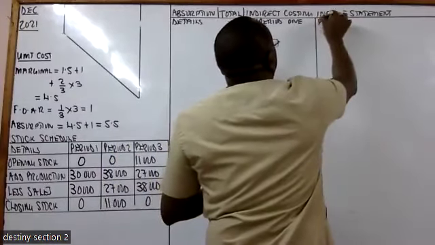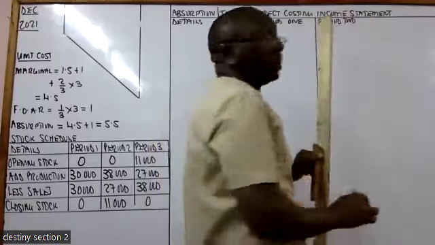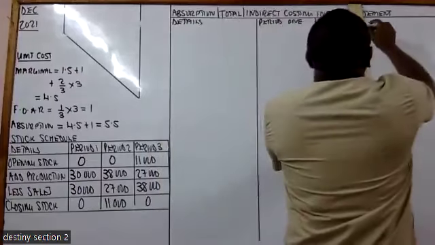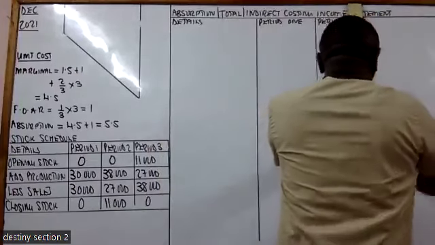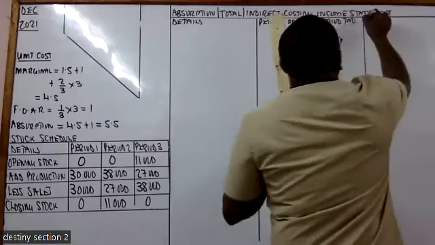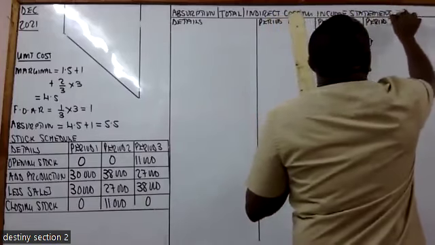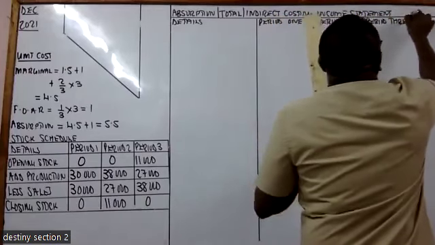We have another one called period 2. We have another one called period 3.